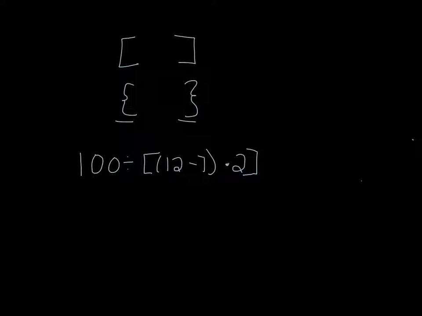So let's take an expression like this one. What you need to know about using brackets and braces is that they almost set the problem off into different sections. So I still am going to use my order of operations.